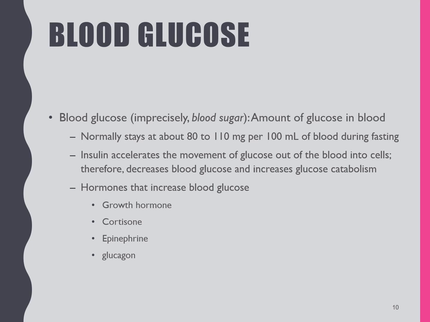But there are also some hormones that increase blood glucose. Insulin decreases blood glucose, but hormones that increase blood glucose are growth hormone, cortisone, epinephrine, and glucagon. And remember, glucagon is also secreted by the pancreas.